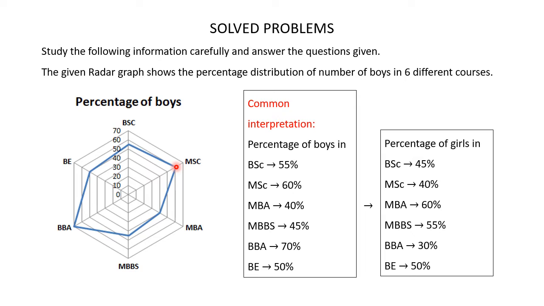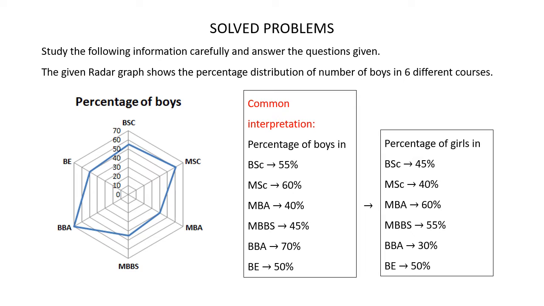This means 60% of the students in MSc course are boys. This point corresponds with 40 on the radar graph. This means that 40% of the students in MBA course are boys and so on for the other courses.